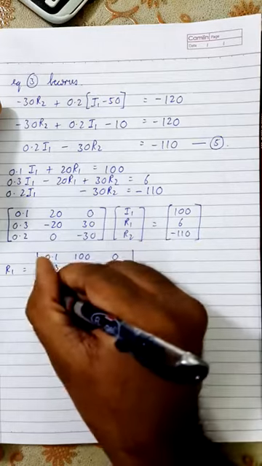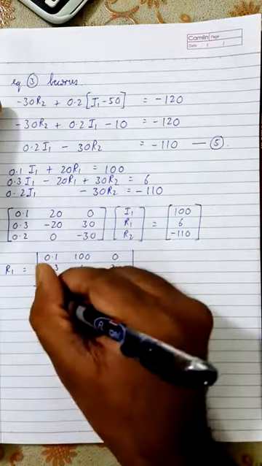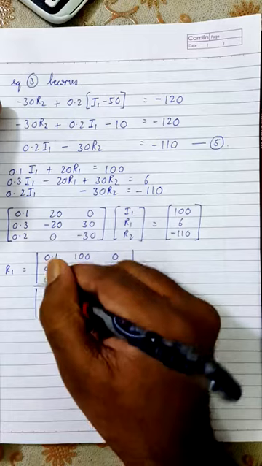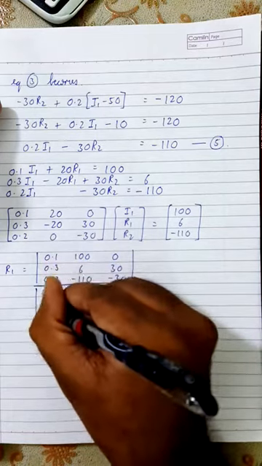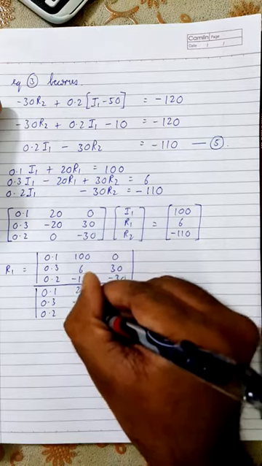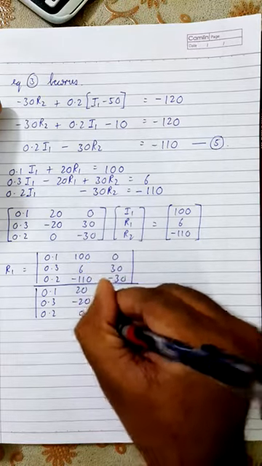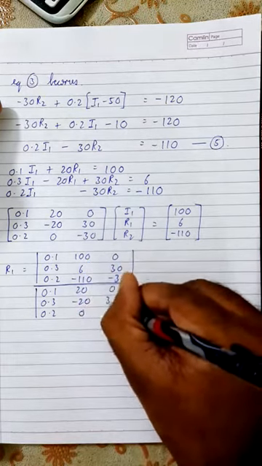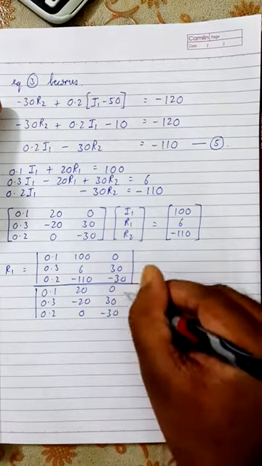And the denominator will be the coefficient matrix: 0.1, 0.3, 0.2, 20, minus 20, 0, 0, 30, minus 30.